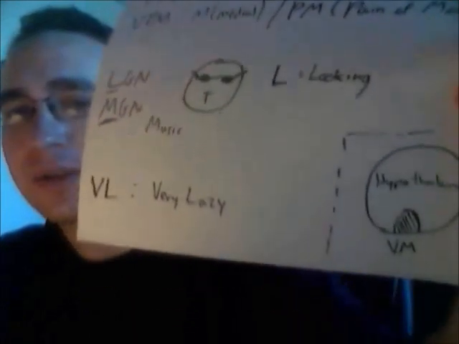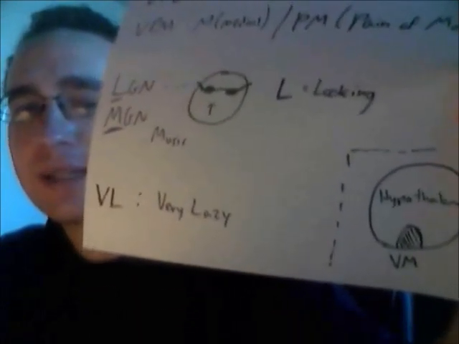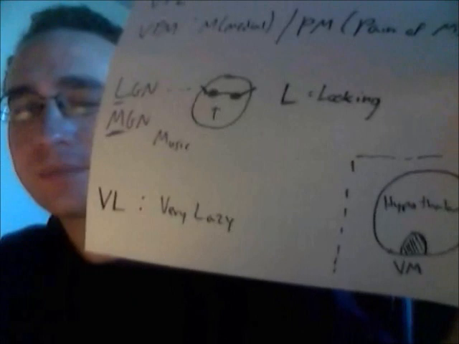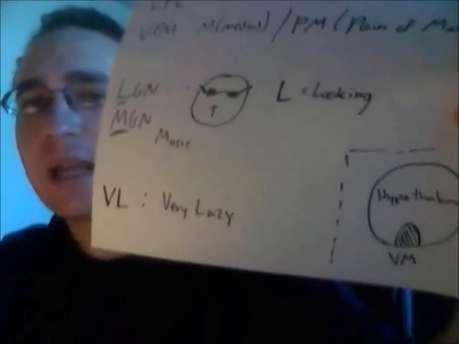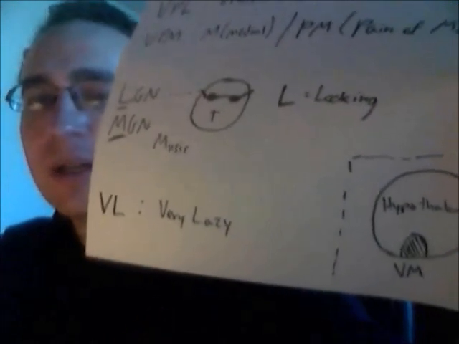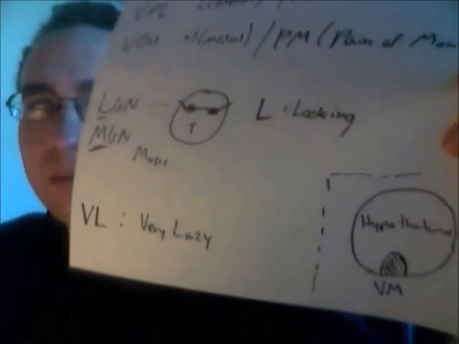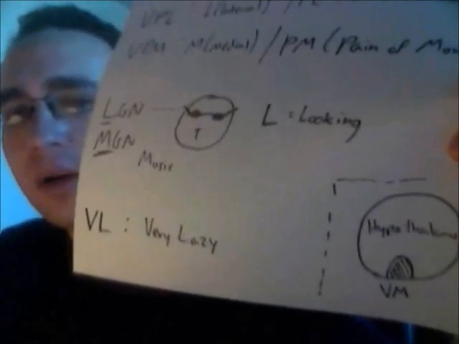And then the ventrolateral, I use very lazy, and that was part of the striatal cortex. That was the nucleus that GPI was going after. And so very lazy is like you don't want to move.